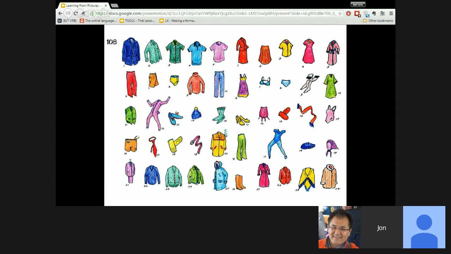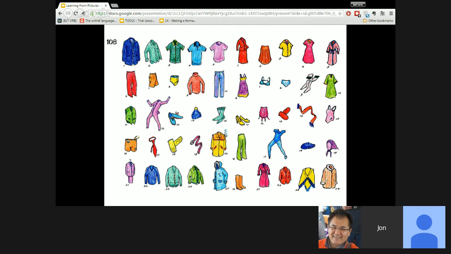This is what you wear when it's cold out. You wear it under your clothes. Under your clothes. I see. Wear it under your clothes when it's cold.